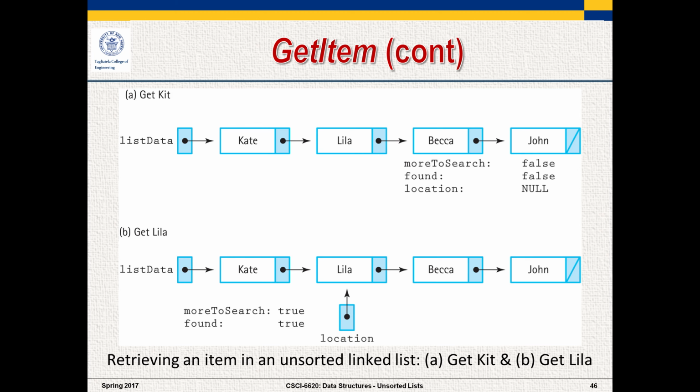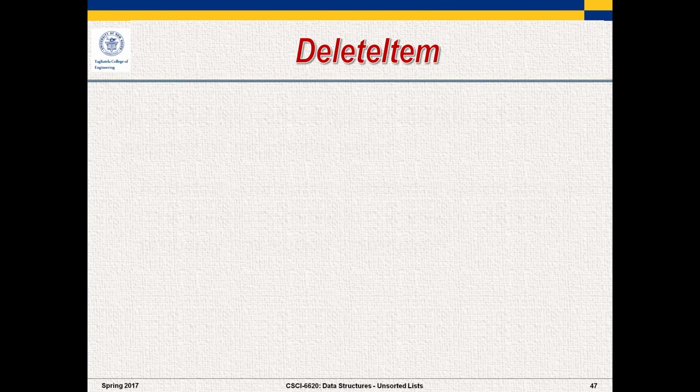That's true because you're not at the end. Is it found? True. Aha. And so the location, which is the cursor, the pointer that steps you through the linked list, will be the place you can return the information from. And you know that in fact it is there.